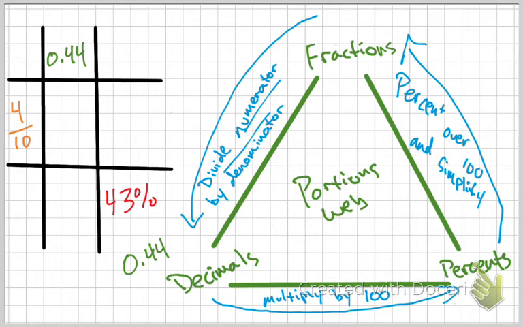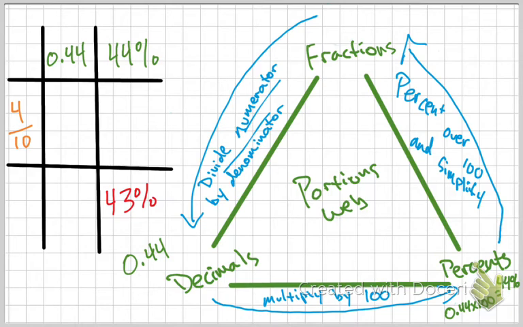I'm simply going to turn that decimal into a percent. I do that by multiplying by 100, so 0.44 times 100 is equal to 44%. All I have to do is put a percent sign at the end, and I've got that as a percent. So now in my little table on the right-hand side, I'm going to write down 44%. So I know that 0.44 is equal to 44%, and now I need to find that as a fraction.